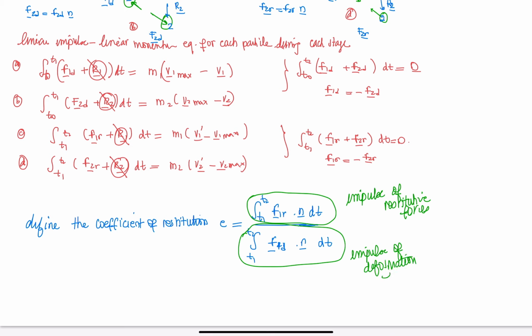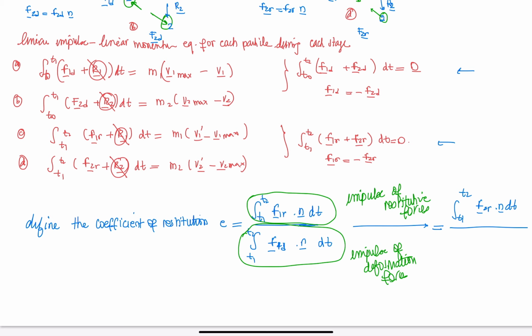From these previous expressions here, we can write this in terms of the forces acting on particle 2 instead of particle 1. So I would just change the index to F2r dot n dt. Recall that these forces are all already along n, so we can project them along n.